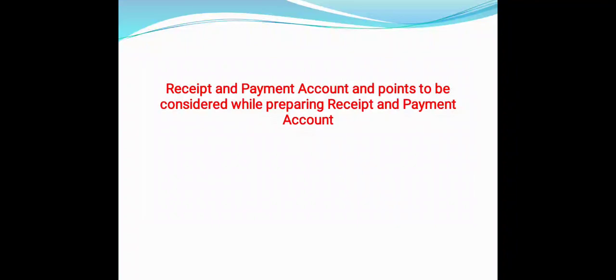It is made combined, that is, for cash as well as bank. On the left side, the opening balance of cash and bank is written, and if the bank has a credit balance, that is a bank overdraft, it is recorded at the credit side as bank overdraft or balance brought down.